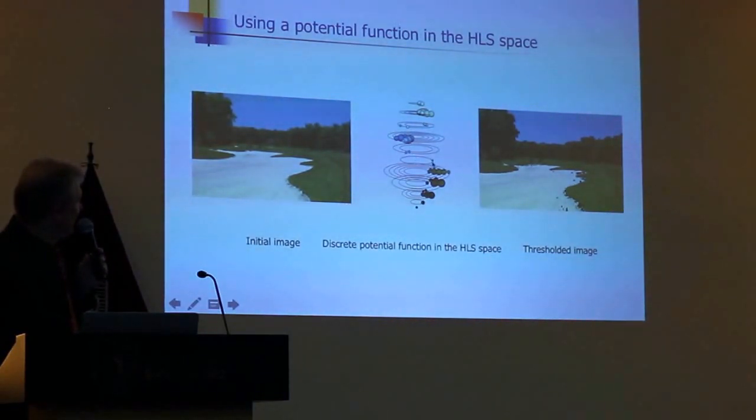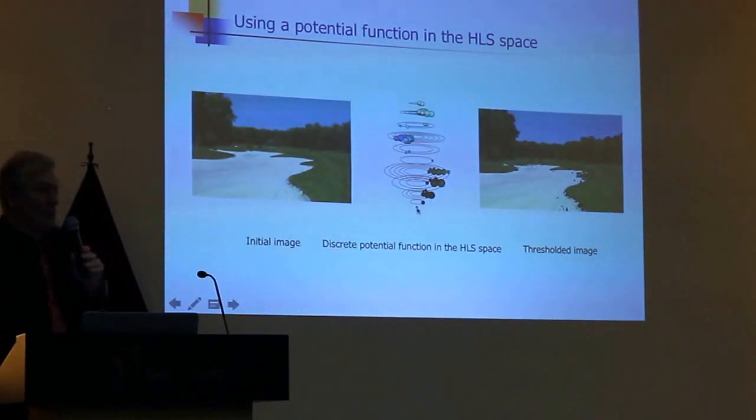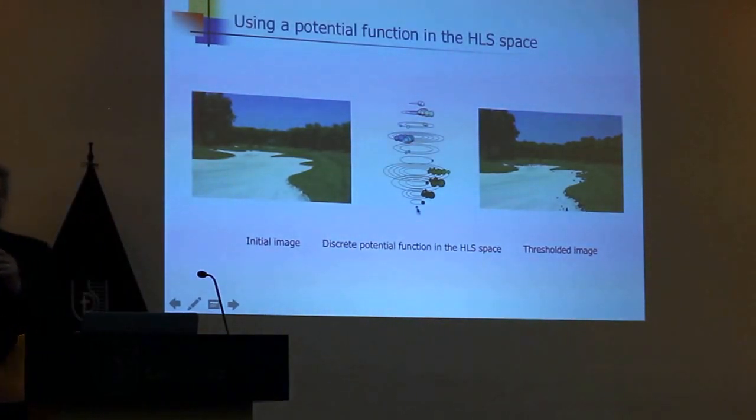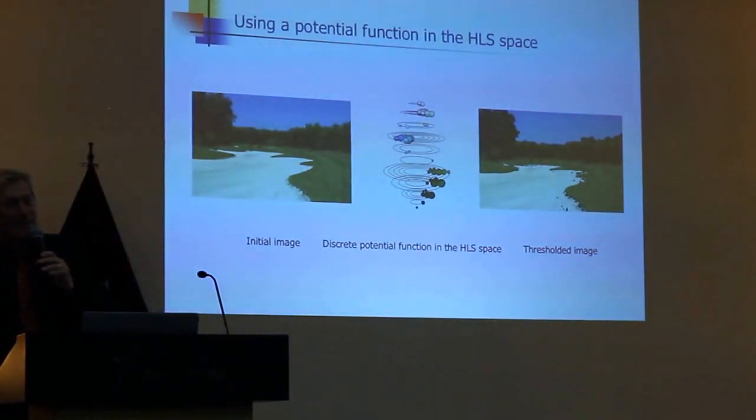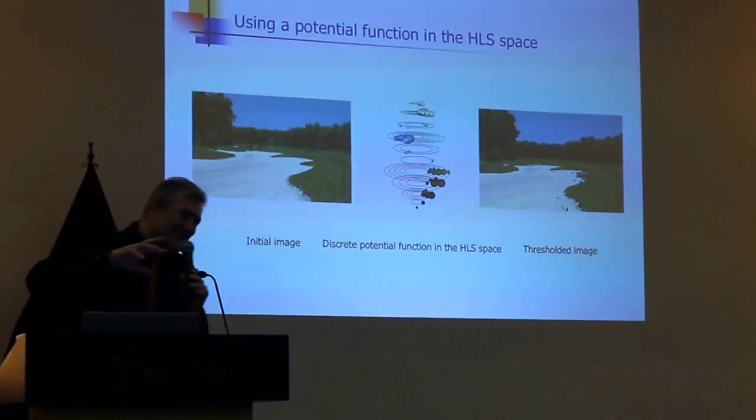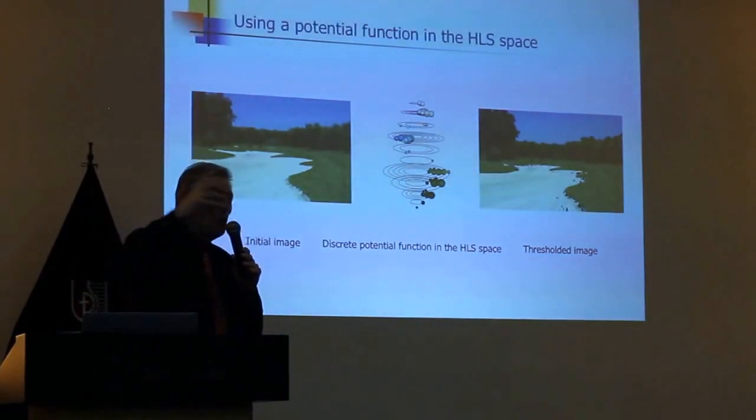This green value is closer to the blue value here than to the dark value that is here. You can see that. Okay? If we just use the distance between the colors, we can separate really the green that can be dark or light from the blue and so on.